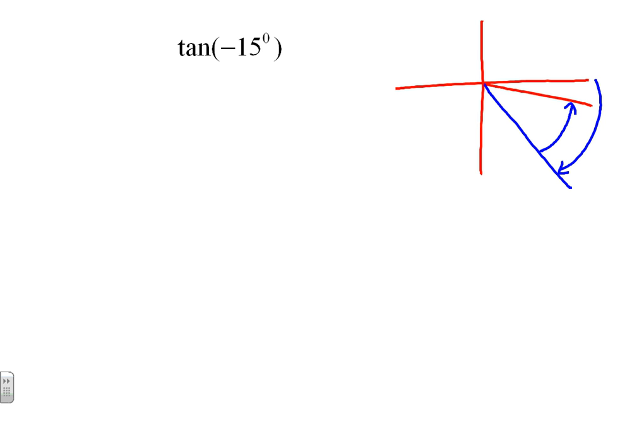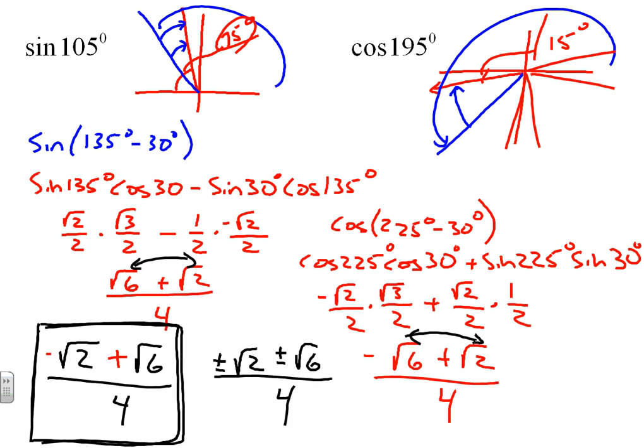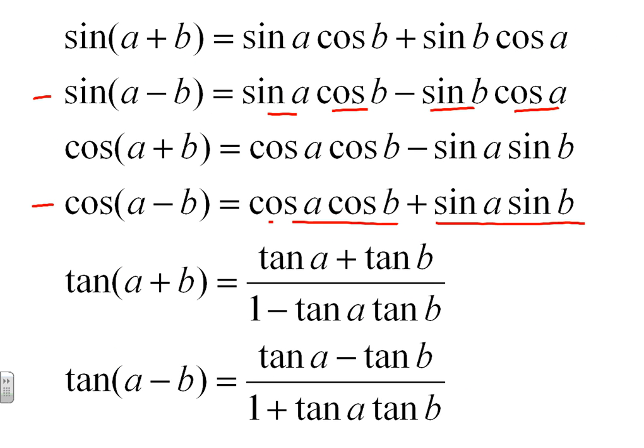So I could treat this as tangent of negative 45 degrees plus 30 degrees. Of course, that's negative 15. Let's jump back a couple of slides and look at our tangent of a sum formula. Tangent of a sum is the sum of the tangents over 1 minus the product of the tangents.